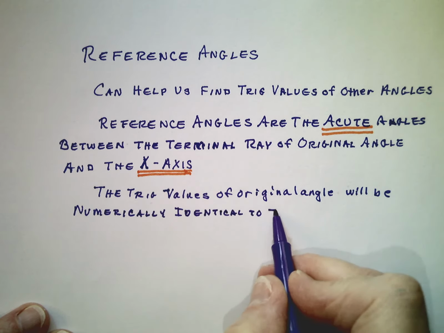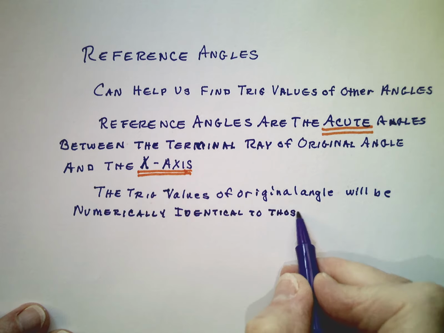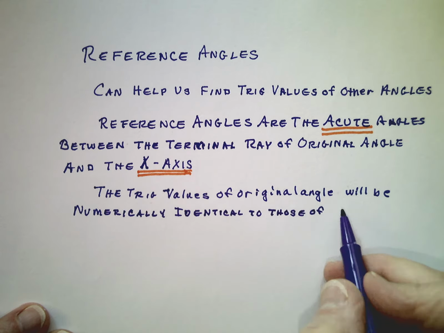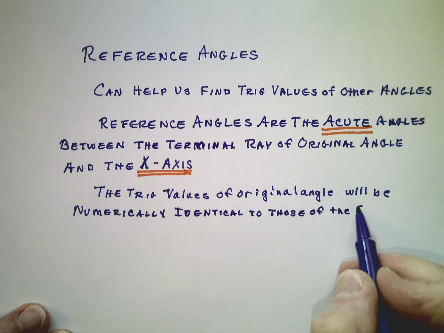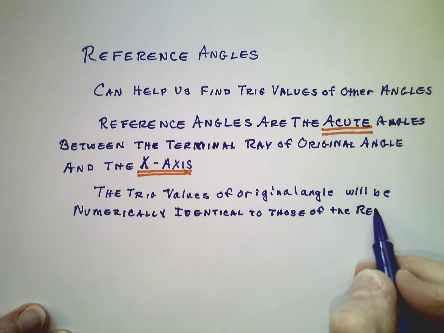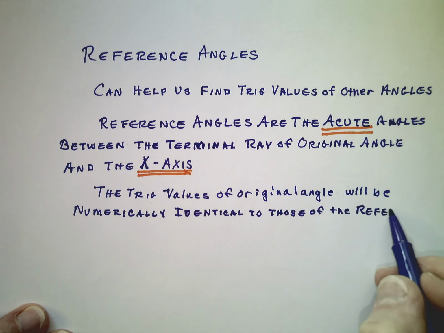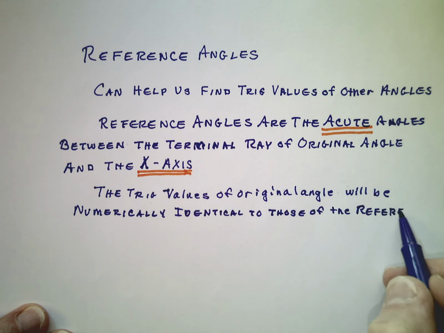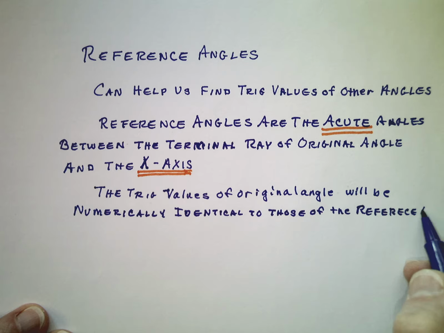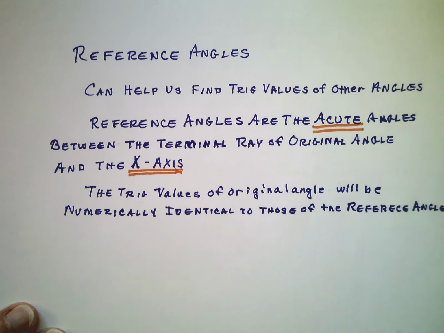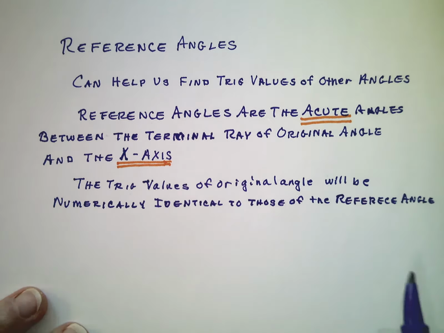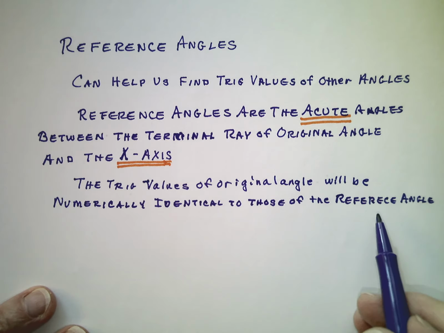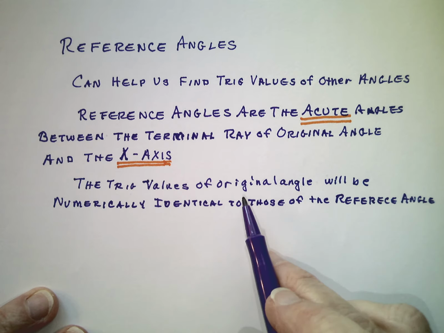Sorry I don't write faster. So if we can find out the trig values for the reference angle, we've got the trig values for the original angle. So the reference angle has a sine value of square root of 3 over 2. So does the original angle.